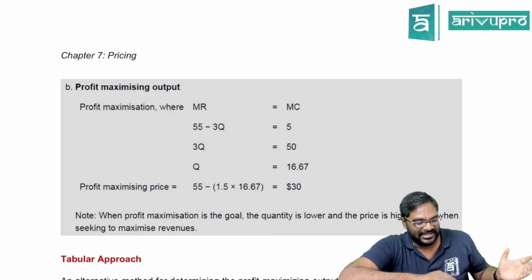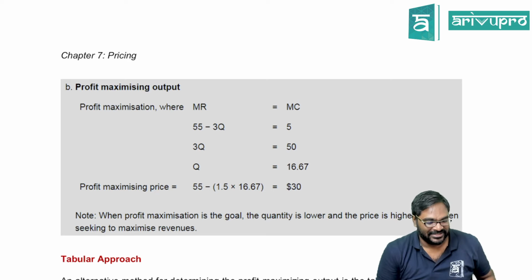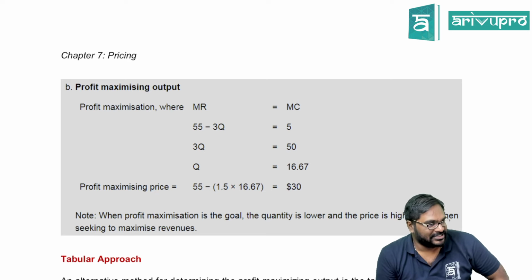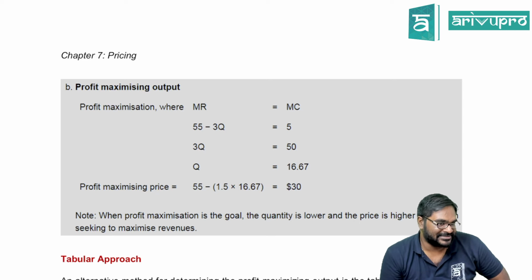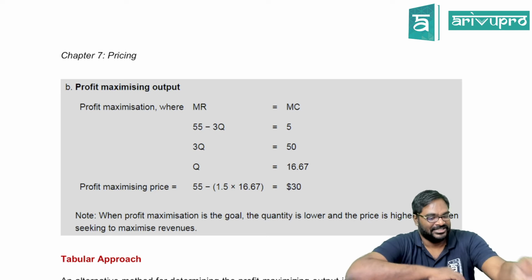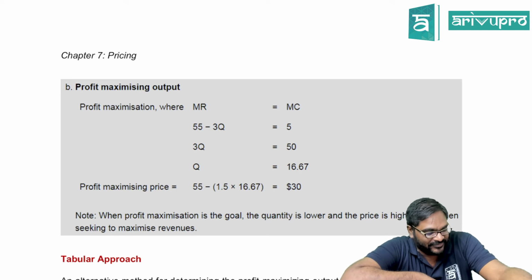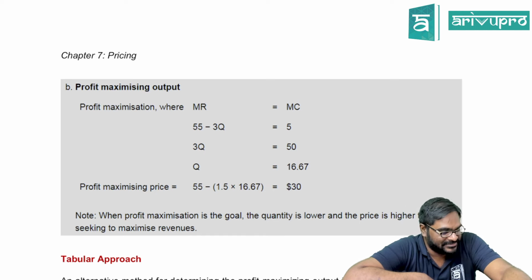Now if I shuffle it around, 50 would be equal to 3Q. Agree? If I divide by 3, it gives my quantity. So 50 divided by 3 would be 16.67, so my optimal quantity would be 16.67.